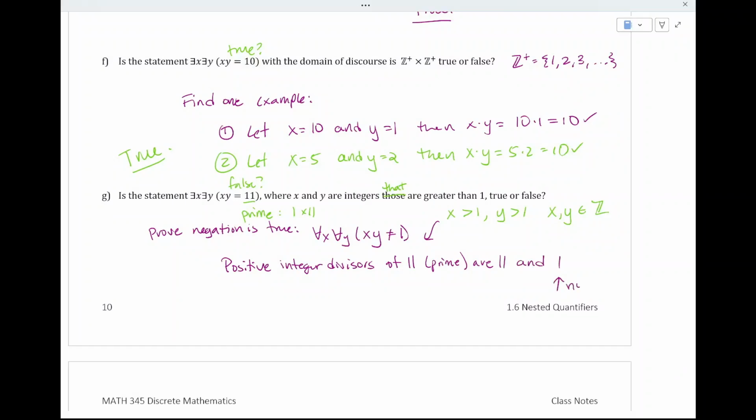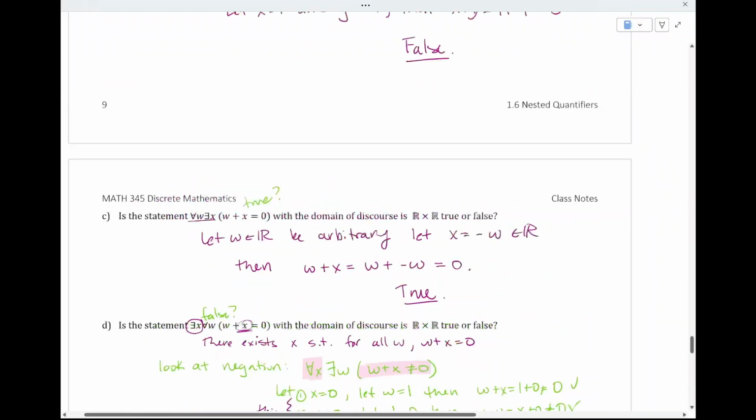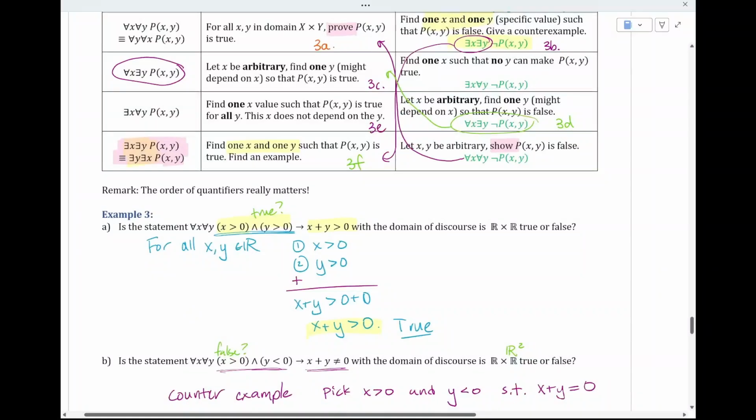And 1 is not greater than 1. I can't find x and y in positive integers and have x be greater than 1 and y be greater than 1 such that x times y is 11. So this one is false. There are no other factors of 11 other than 11 and 1, and I'm not allowed to use 1, so I cannot do this. So this one is, back to my table, 3G.